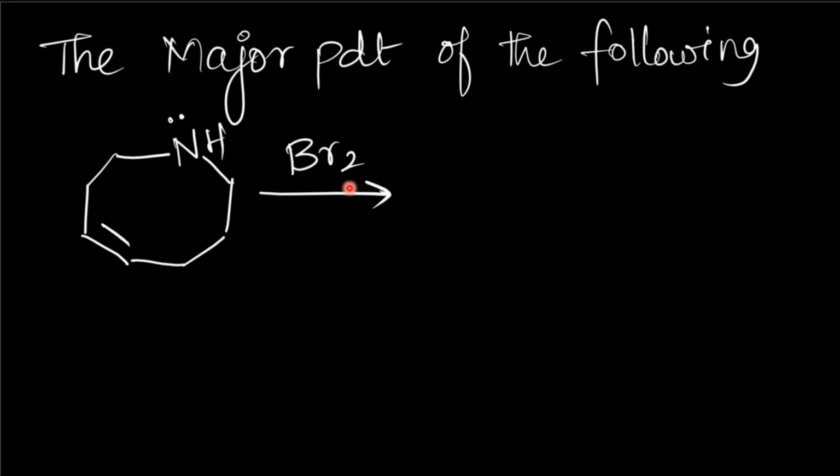Anti-addition will occur, and first of all that will form a bromonium ion intermediate, right? Correct. Once formed, the bromonium is not at all stable, right? So what will that do?